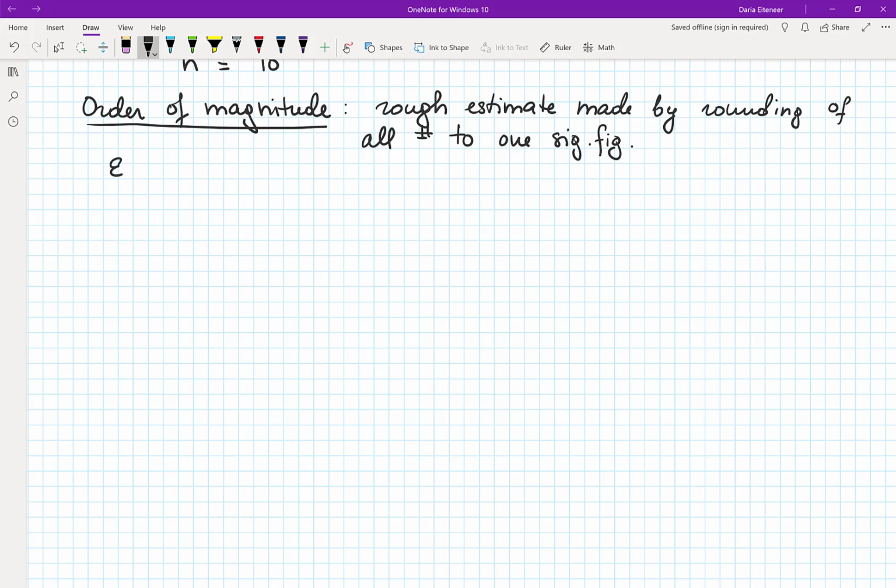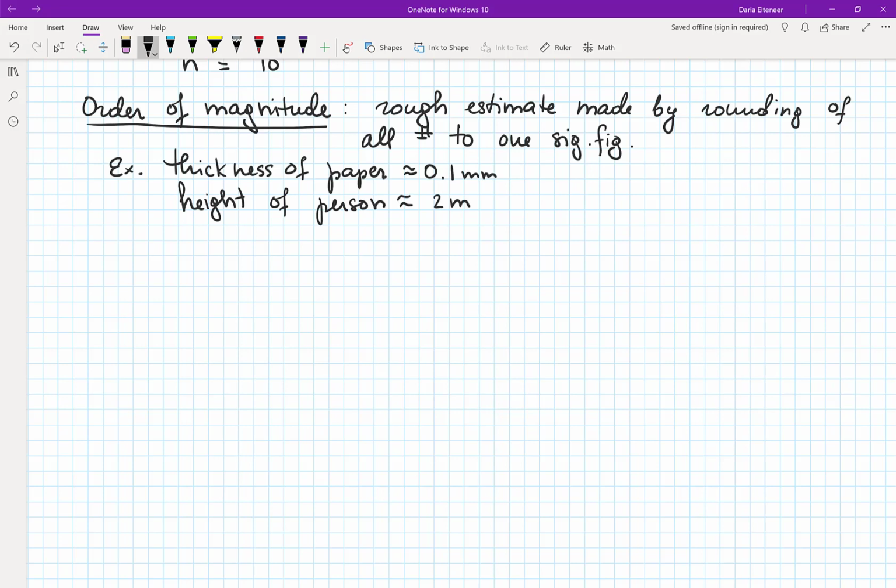For example, thickness of paper is roughly 0.1 millimeter. Height of a person is roughly 2 meters, or you can do 1 meter, right?